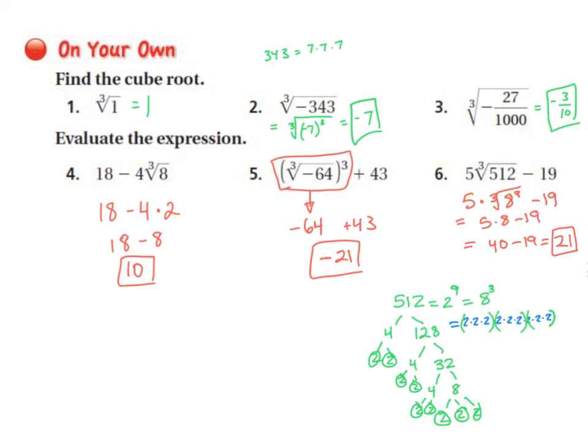So I did a factor tree down here below and showed that 512 is 2 times itself 9 times, which if I put that into 3 groups, that is 8 to the 3rd. So that's where the 8 came from up above.